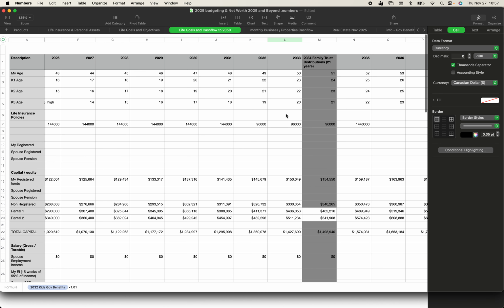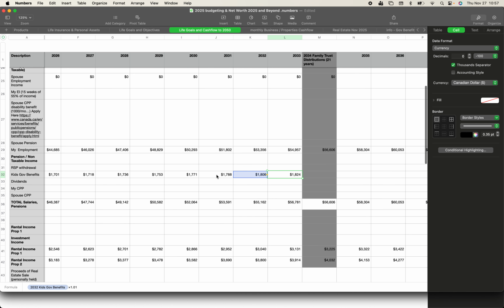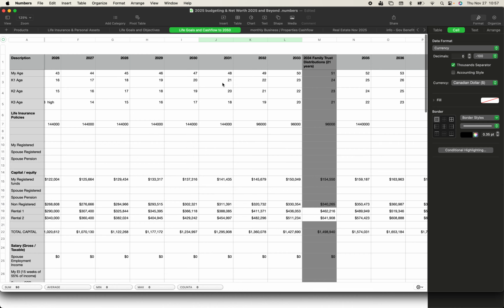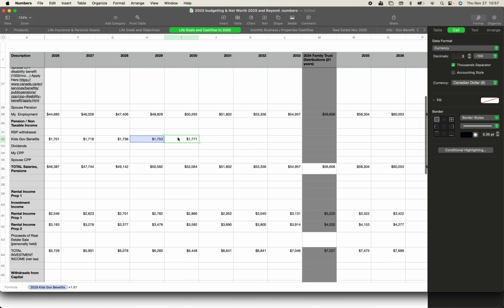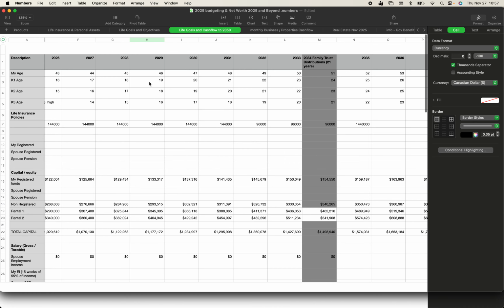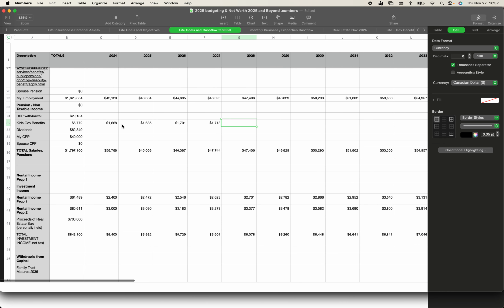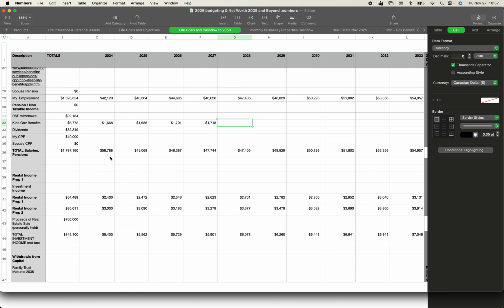So if they're in university, you might still get some, but we should probably delete a few years here because they're no longer minors. We'll delete a couple more years just for the sake of trying to be more accurate. Your kids start to age out about 2028. So I guess we'll get rid of that one too, because you won't be getting government benefits once they're adults.